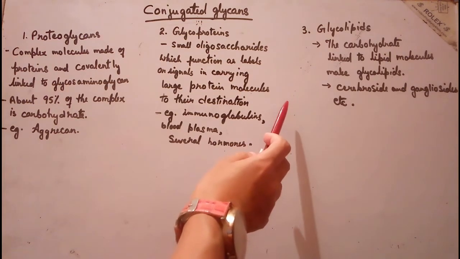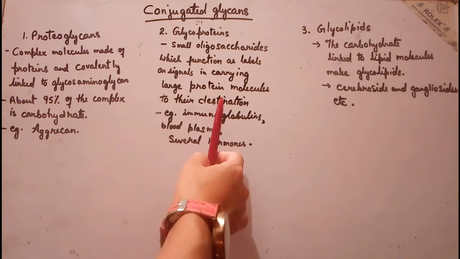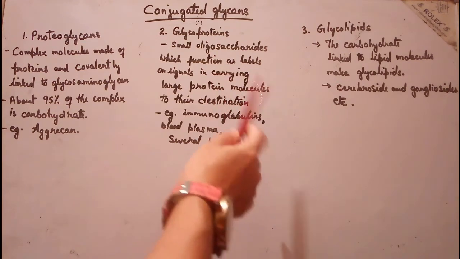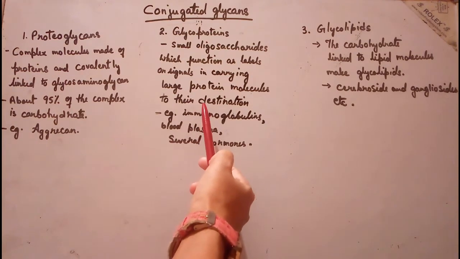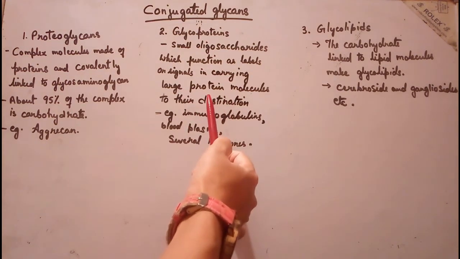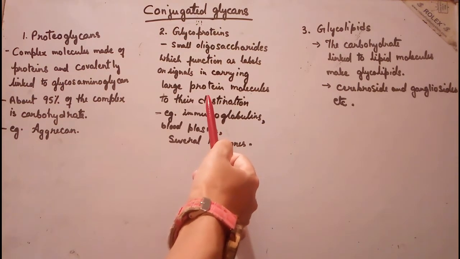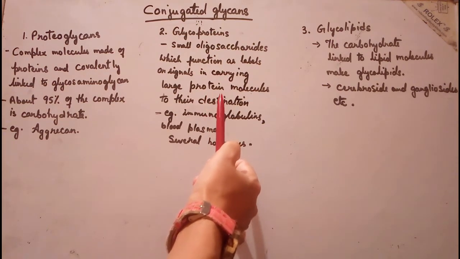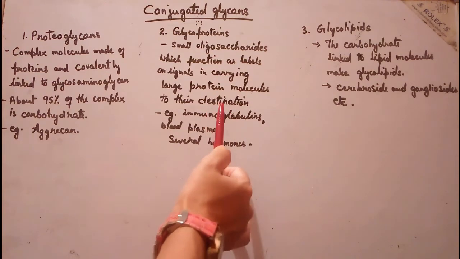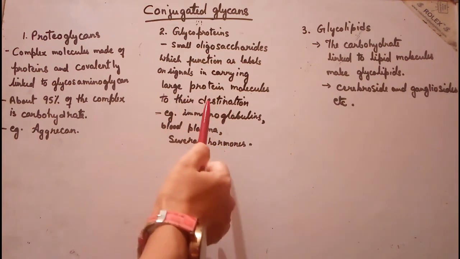Okay, so these glycoproteins are ubiquitous in nature and are present in cells. Either they are bound to the membrane or they are present in the extracellular matrix. And the important function of the carbohydrate component of the glycoprotein is to provide specificity to the protein molecule.